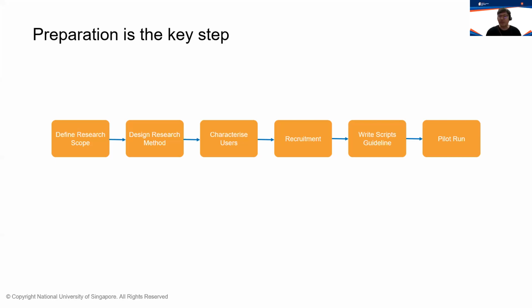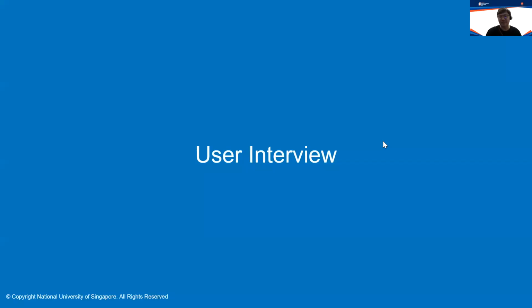When you are doing qualitative research, the most important part is observation. I will explain why later. Observation is more important than asking questions and waiting for the participants to answer. That's not the right way of doing a user interview.